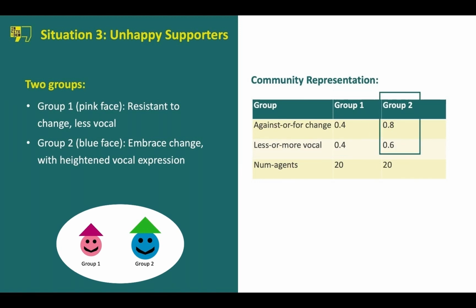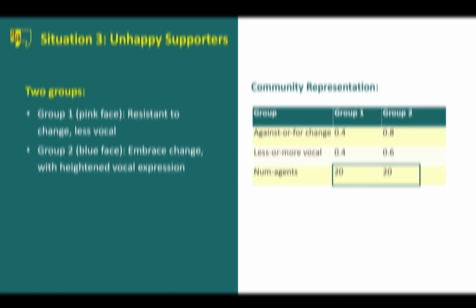In contrast, Group 2 actively embraces change and demonstrates increased vocal expression, with values of 0.8 on the slider, against or for change, and 0.6 on the slider, less or more vocal. Additionally, both groups consist of 20 individuals each, as specified by the number agents.